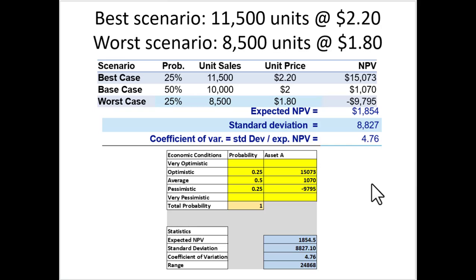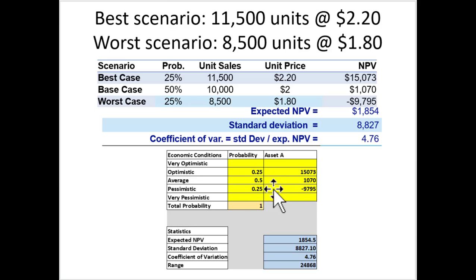So how we use this is how we talked about standalone risk with individual assets and securities, right? In this case, it's called the project risk analysis worksheet. It's in the capital budgeting section or capital budgeting workbook.